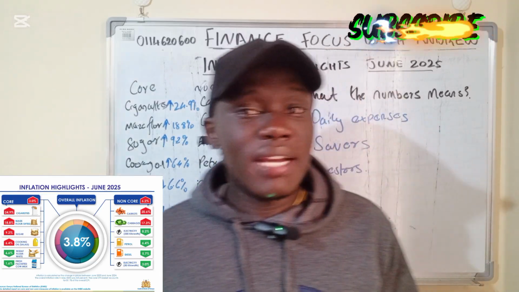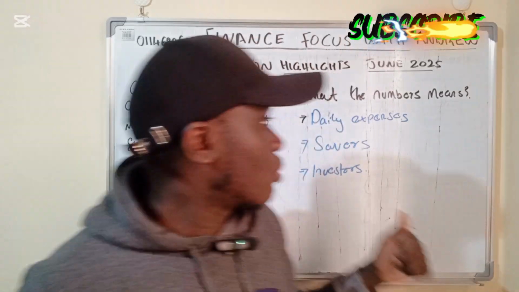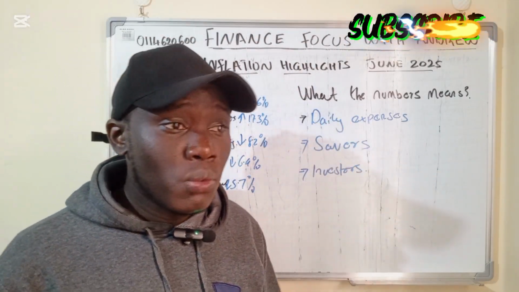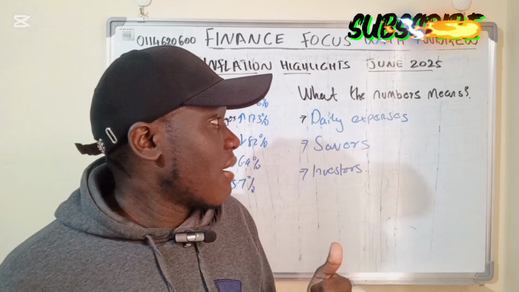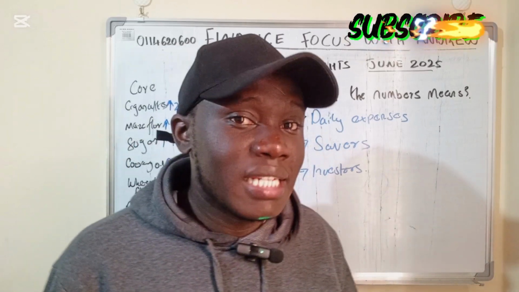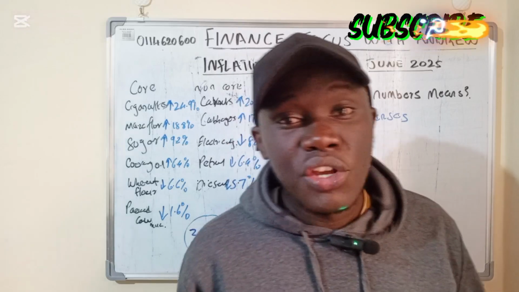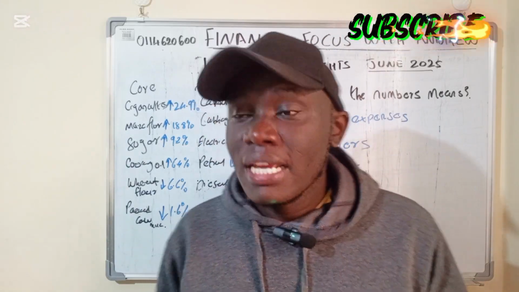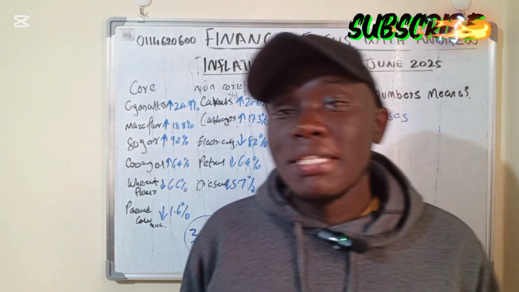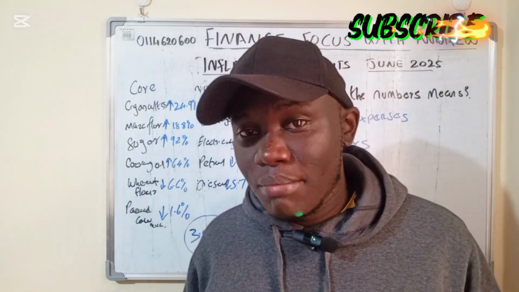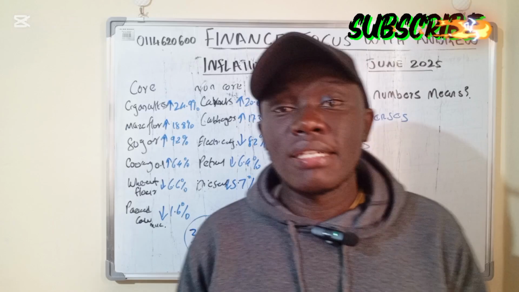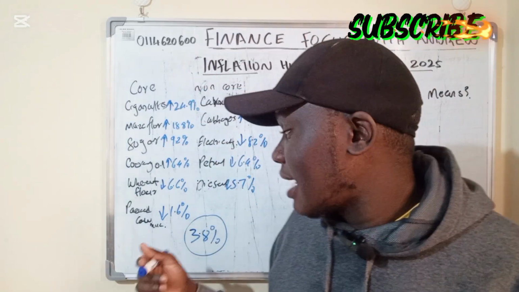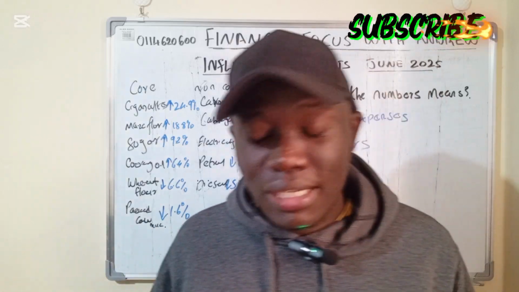Now, what do the figures mean to us? I just want to talk about what the inflation figure means for three different people. Number one, your daily expenses. A 3.8% means that the things that you buy on a daily, weekly or monthly basis have increased in price by 3.8%.